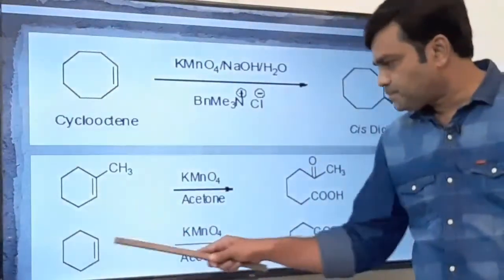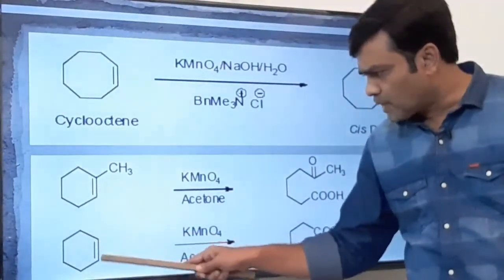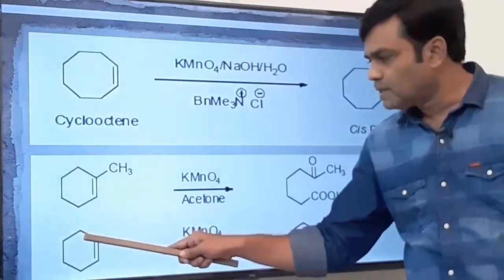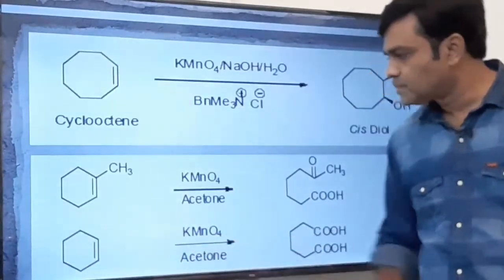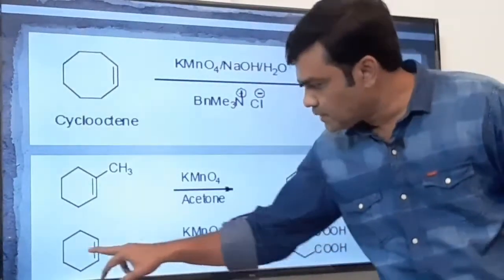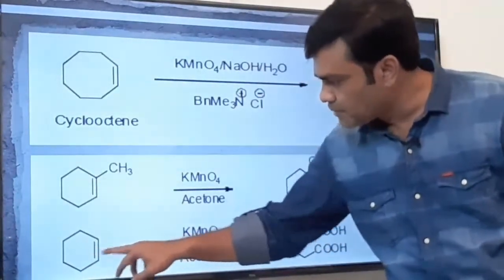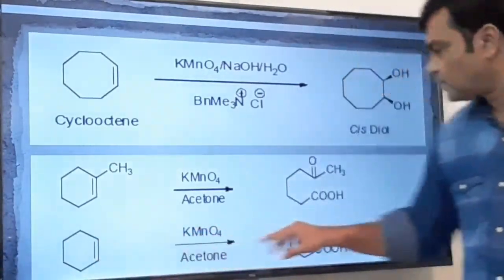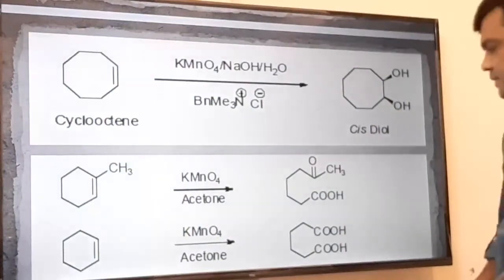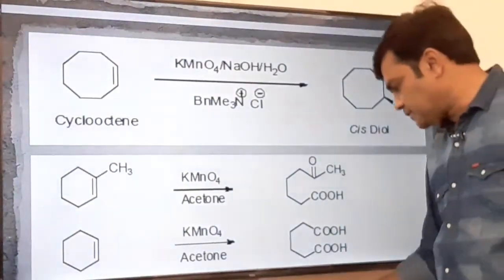Here again the same, both the carbons of the carbon-carbon double bond are mono-substituted, because this carbon is attached to CH2, this carbon is also attached to CH2. So simply here oxidative cleavage takes place, carbon-carbon double bond cleavage. This will oxidize to COOH, this will oxidize to COOH, and we get this dicarboxylic acid in this case.